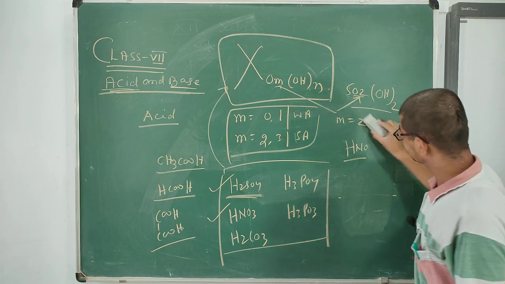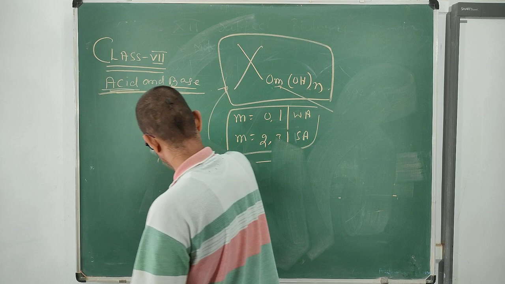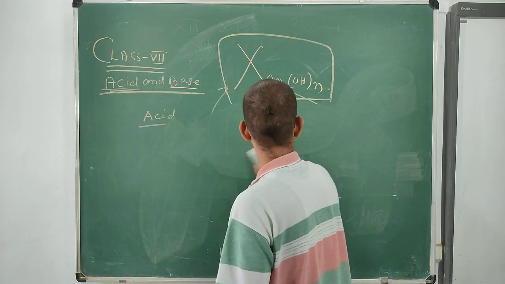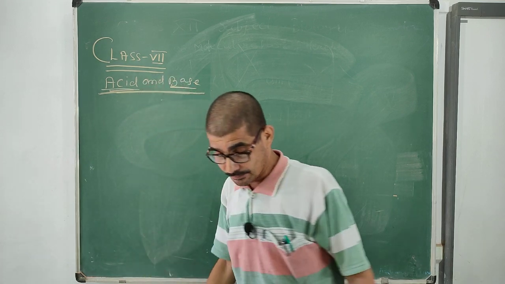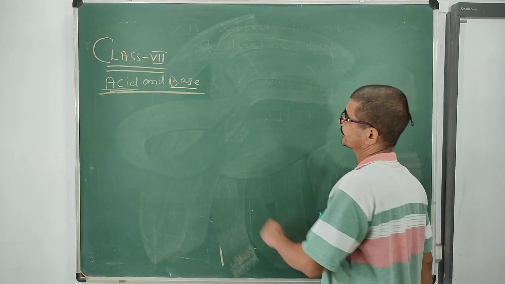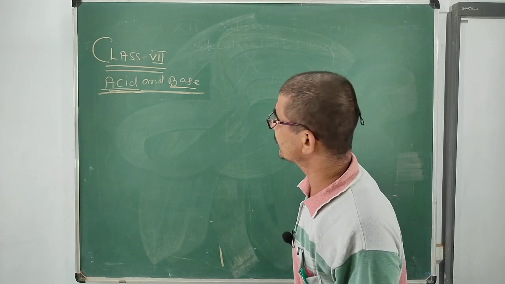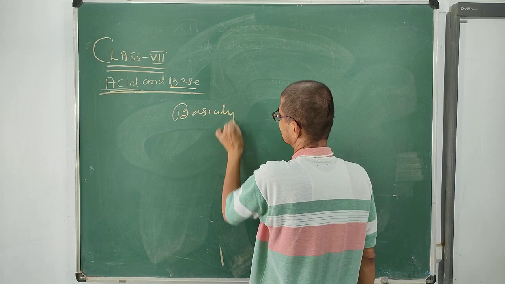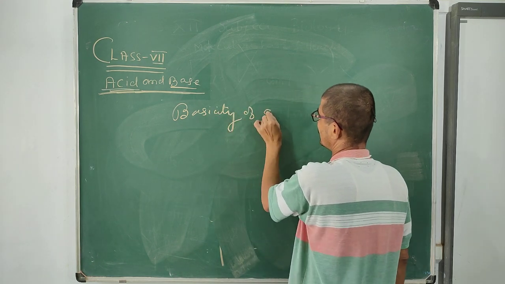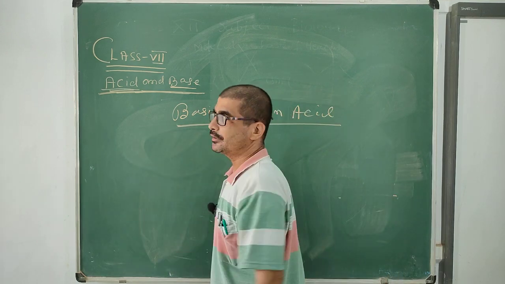Now, the number of hydrogen replaced by an acid is called the basicity of an acid. So what do we mean by the basicity of an acid?